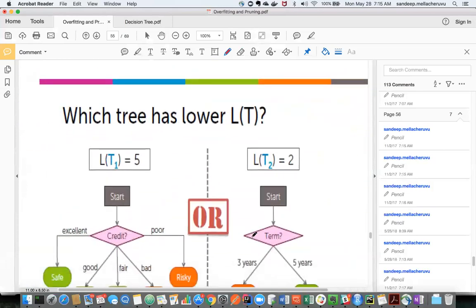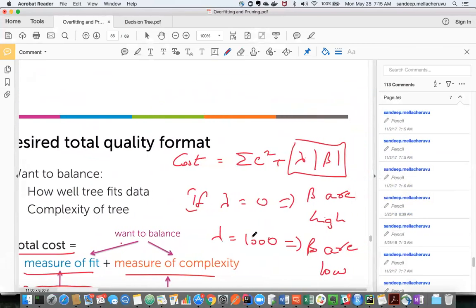If you remember, we did a similar thing in lasso regression. In lasso, what did we add? Lambda times modulus of beta. This we added to sigma e square and called it error. Now, instead of calling it error, we are calling it cost.